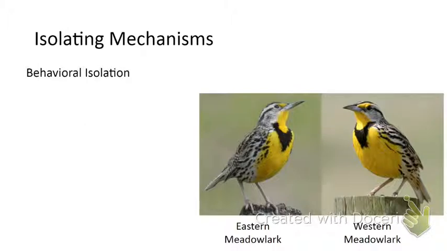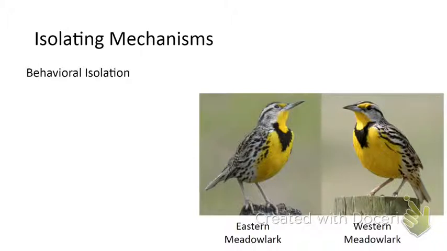But what's interesting is the reason why these are two different species is they've evolved over time, where the eastern meadowlark song, the male song that attracts the females, doesn't attract the western meadowlark female. And so the eastern meadowlark male will sing its song and will attract other female eastern meadowlarks, but the western meadowlark female isn't attracted.